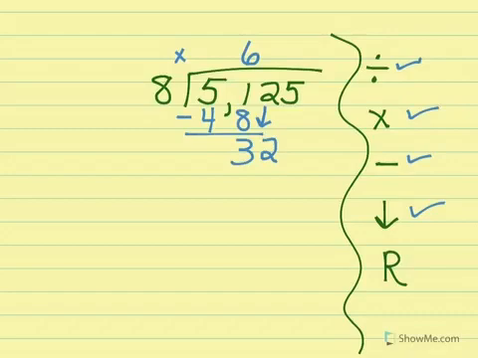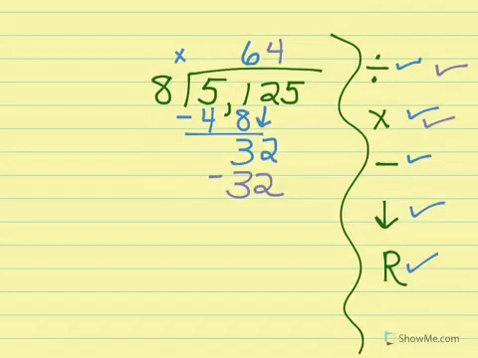Repeat or remainder. Well, 32 is bigger than 8, and I still have numbers to bring down, so I'm going to repeat. I go back up to divide. How many 8s go into 32? 4. Then I multiply. 4 times 8 is 32.